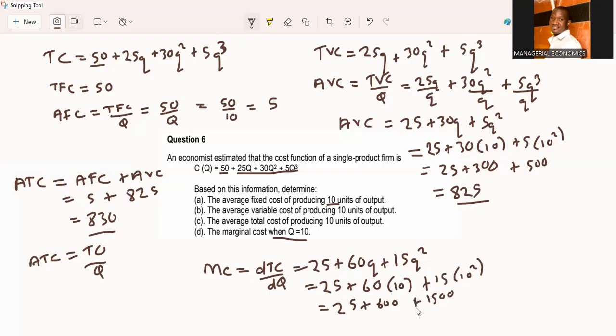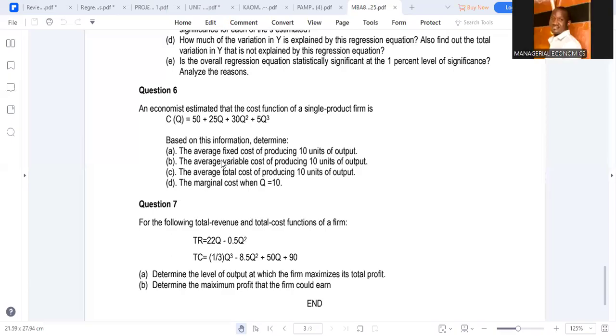So when we add up, that would be 2100 and 2105. So this will be our marginal cost. Are we together? We are together. All right. So this is exactly how this question was supposed to be answered.